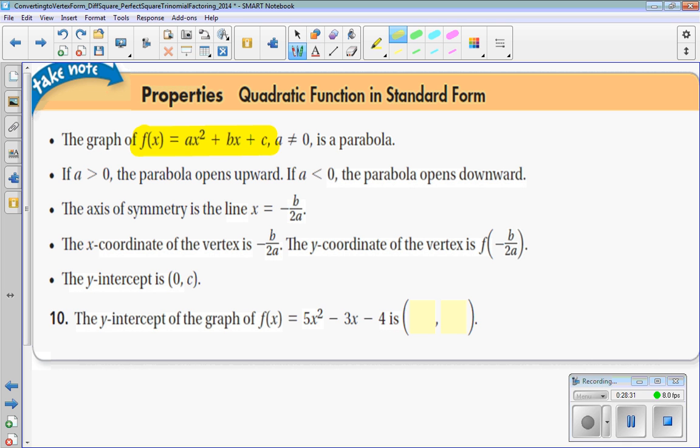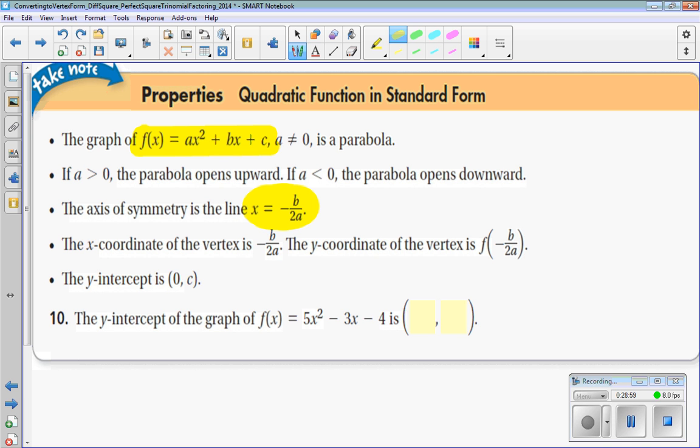Here is something we don't know. Please write that formula down for me. The axis of symmetry, if you have it not in standard form, if you have it not in vertex form, we can use this formula to come up with the vertex and the axis of symmetry.